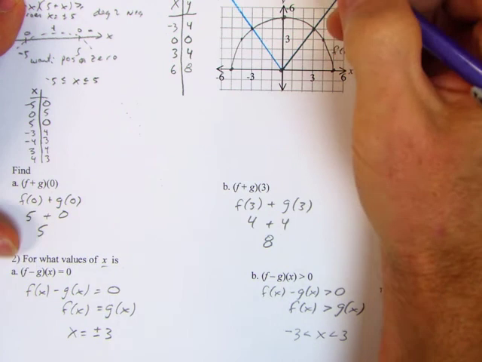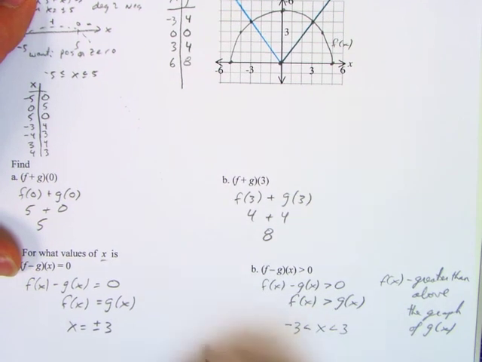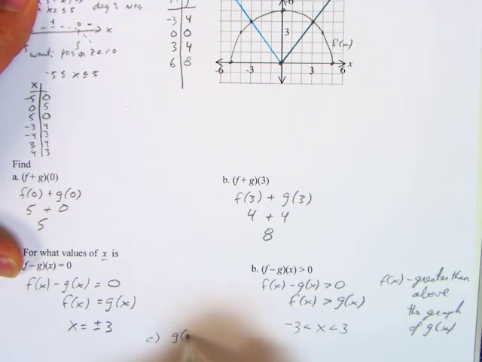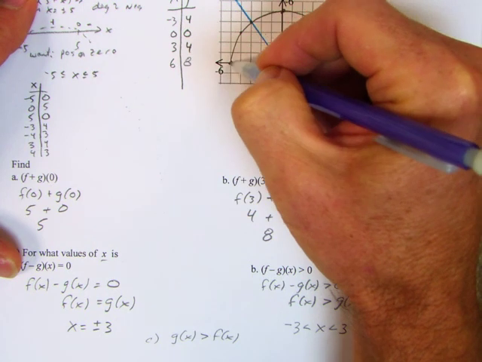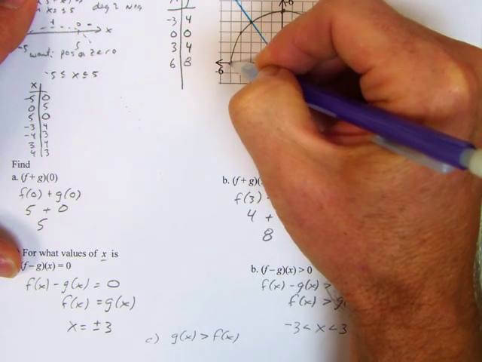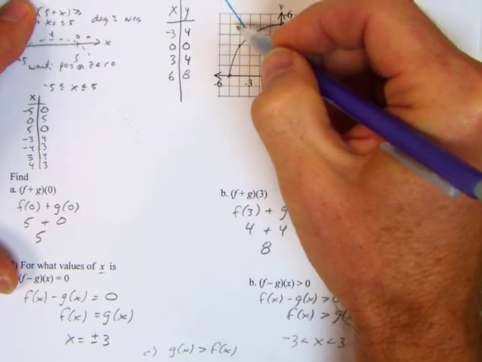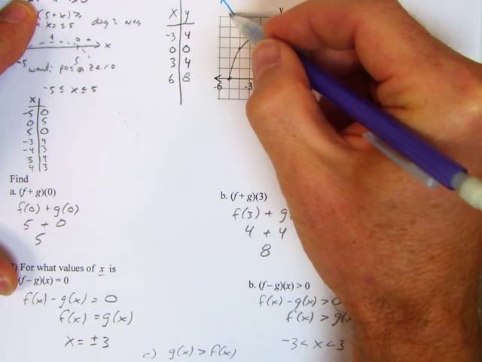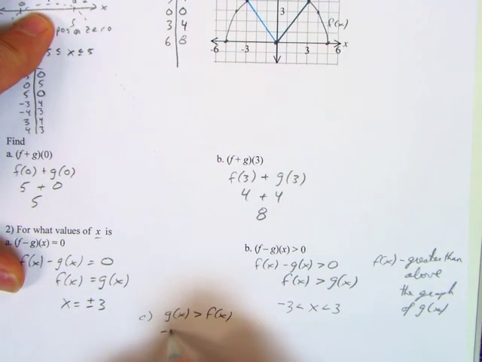Now, what if I asked, where is g bigger than f? In fact, we could write this down. We could put a part C: where is g of x greater than f of x? Looking at that one, we would say, oh, this outside part, but you have to remember we only have a domain from -5 to 5 for f of x. So definitely at -5, the blue graph is above, and every other value until we get to -3. So we're going to include -5, and then we're not going to include -3.